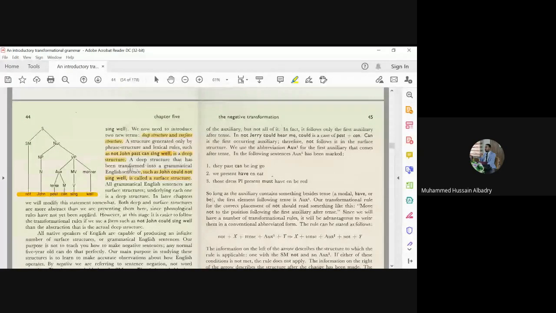The grammatical English sentence is what? Surface structure. All grammatical English sentences are surface structures. Underline each one is a deep structure.